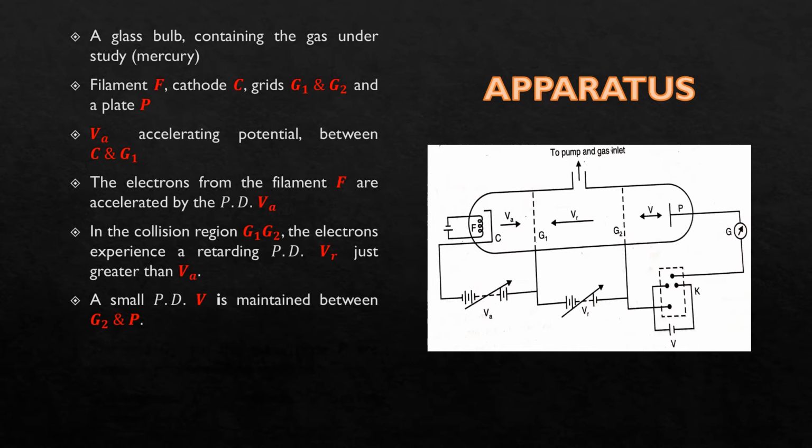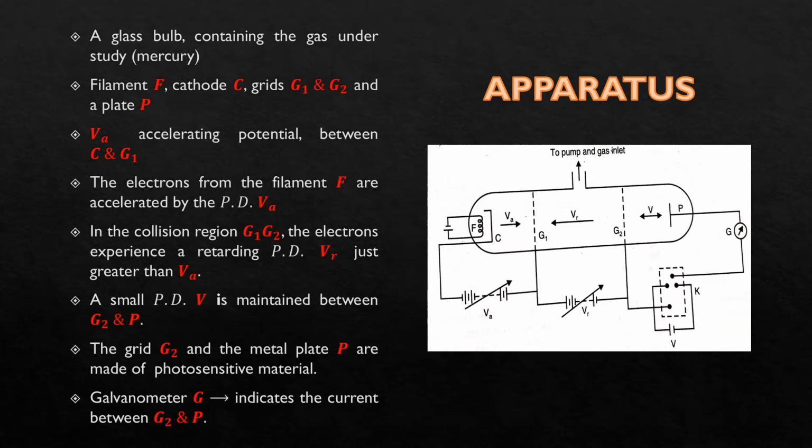The grid G2 and the metal plate P are made of photosensitive material. The current is indicated by the galvanometer G, which lies between G2 and P.